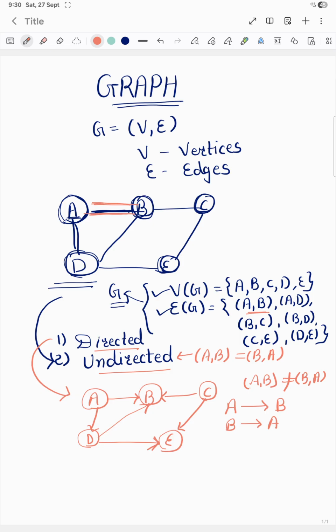There is no parent-child relationship, but the nodes are connected to each other. So there is no scenario like A is a parent of D or B is a child of A. No, it's not like that. But these nodes are connected to each other.